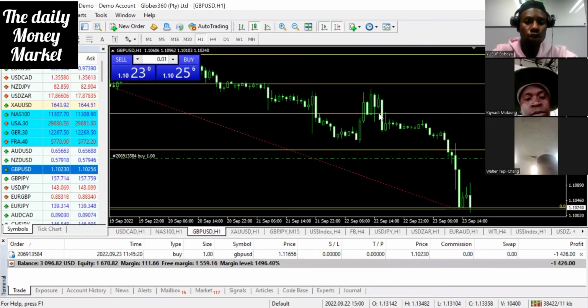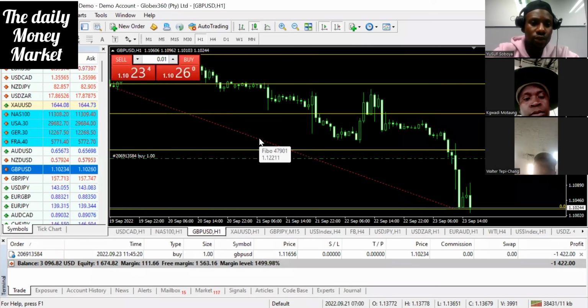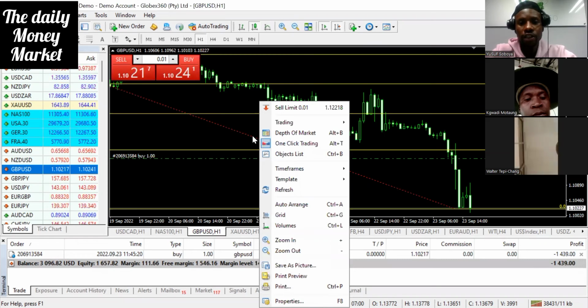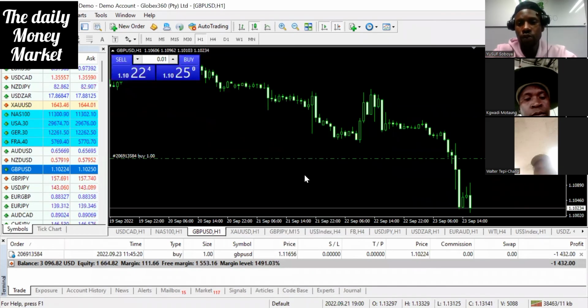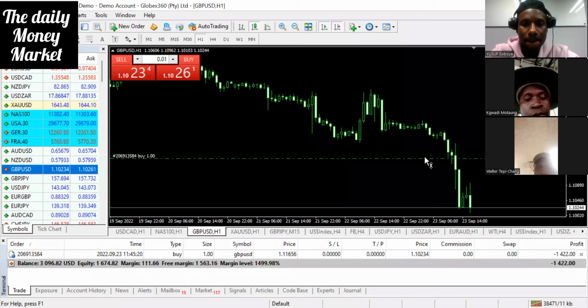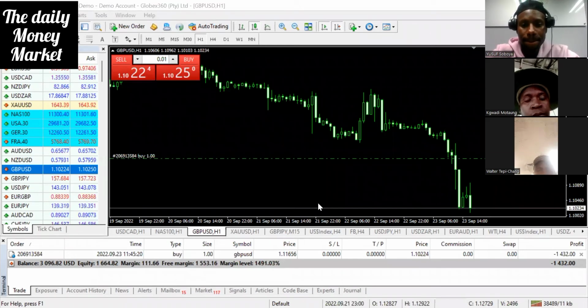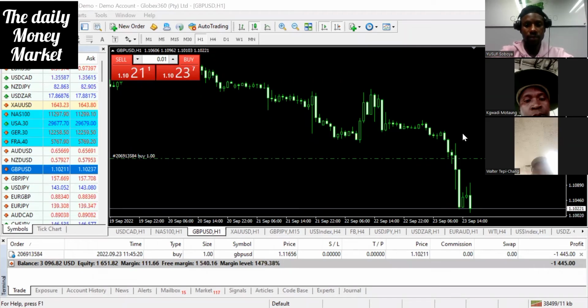Instead of drawing support and resistance lines and so on and so forth, you can just use the Fibonacci retracement to retrace your support and resistance. Very easy like that. Any questions? Any questions so far?